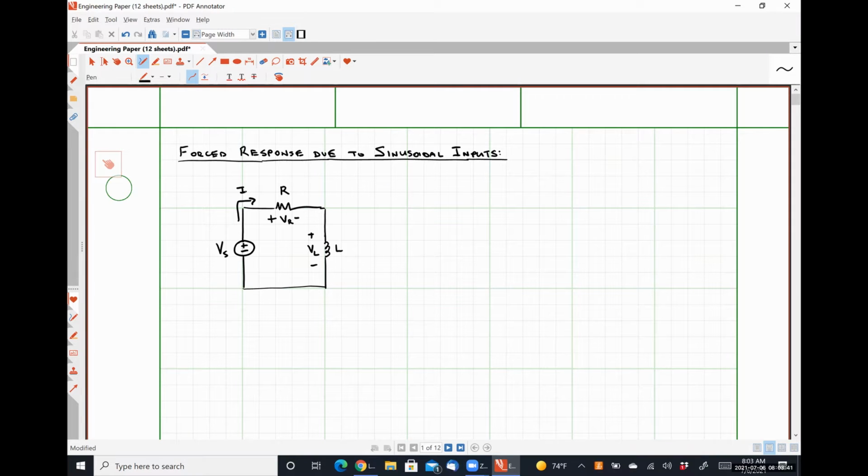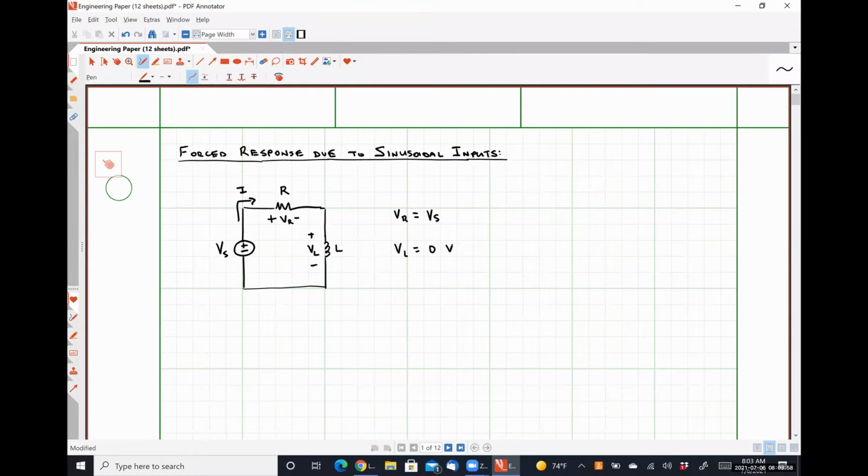So for example, we know that VR should just be exactly equal to Vs in this case. As we analyze this as a DC circuit, we would know that VL must be equal to 0 volts.